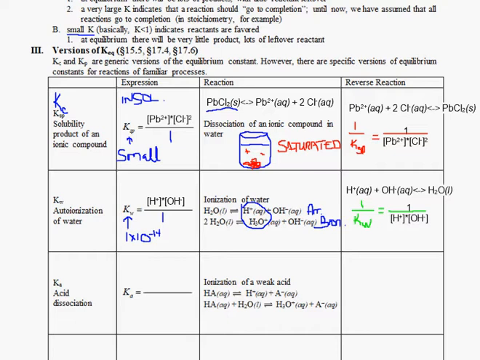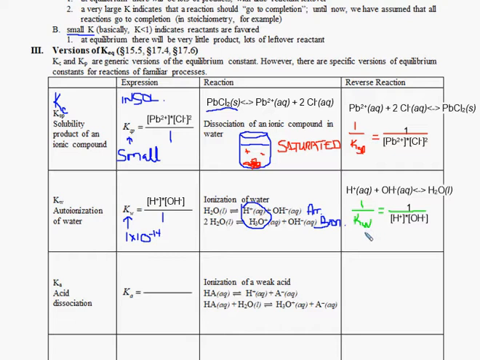So here's the reverse reaction. We're now looking at a hydrogen ion reacting with hydroxide to now make water. This is the driving force for any acid-base reaction that you might encounter, especially when you've got a strong acid and a strong base. The formation of water, which is this reaction, is also the inverse of Kw.